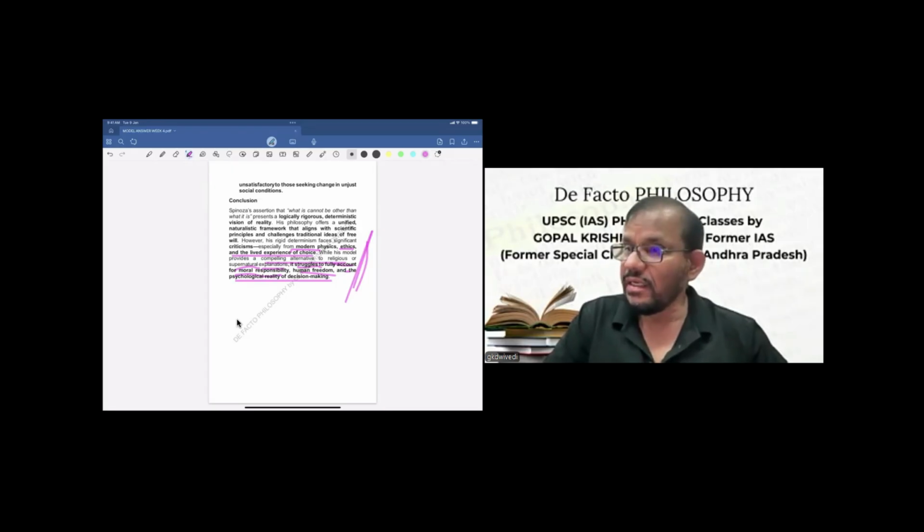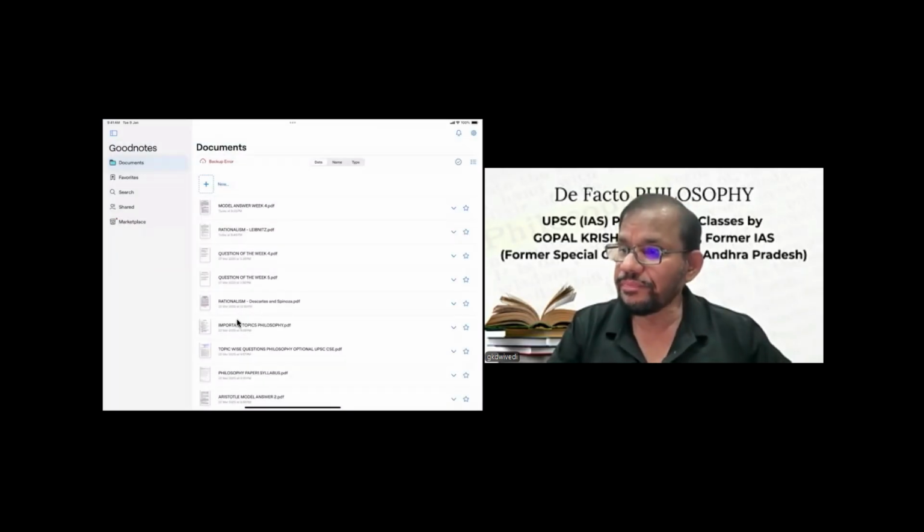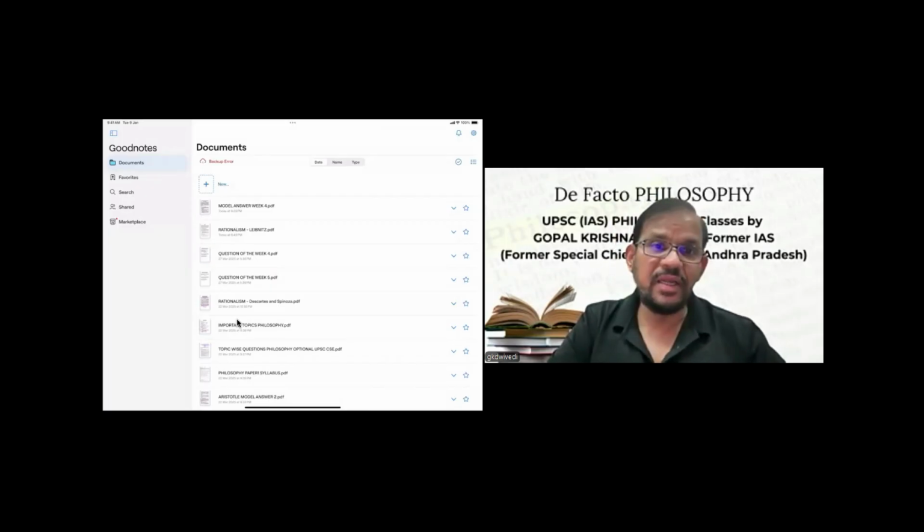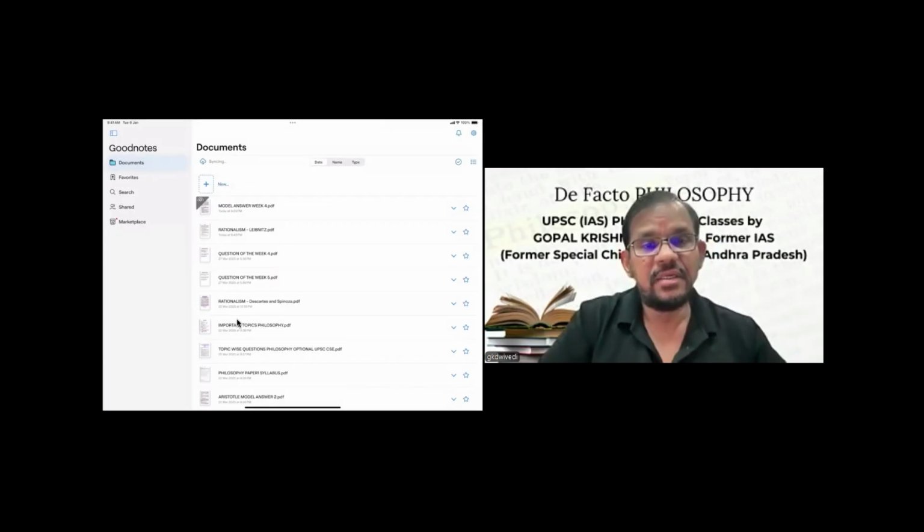So basically, with this, we'll conclude these two model answers, and now we'll come to Leibniz. But before coming to Leibniz, I just want to show you what topics we want to study, because as I have already told earlier, we have to analyze the syllabus properly.